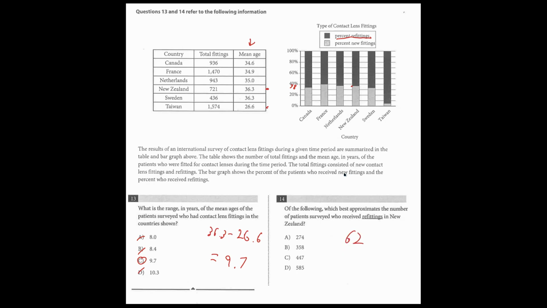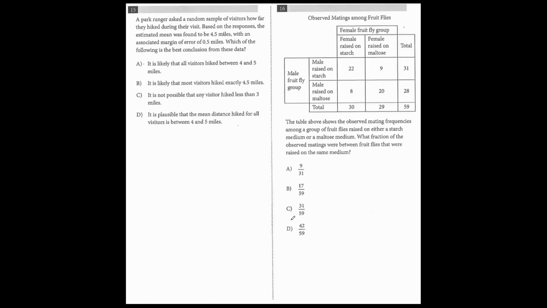And then we would take the total number in New Zealand, 721, and multiply by 0.62, which is equal to 447.02, which is answer choice C. So question 14 is C. Okay, question 15.